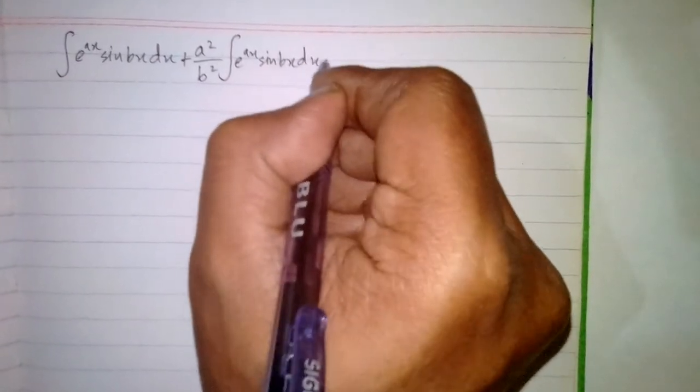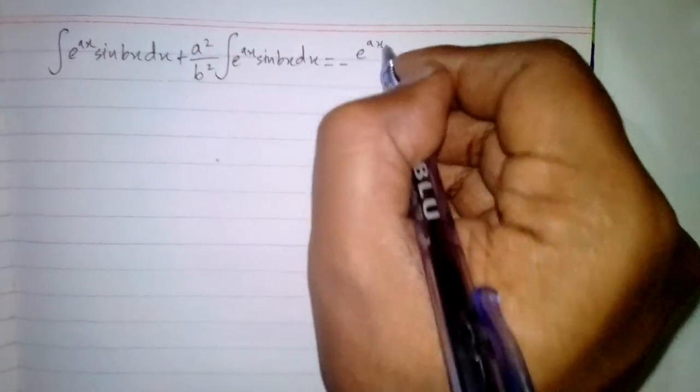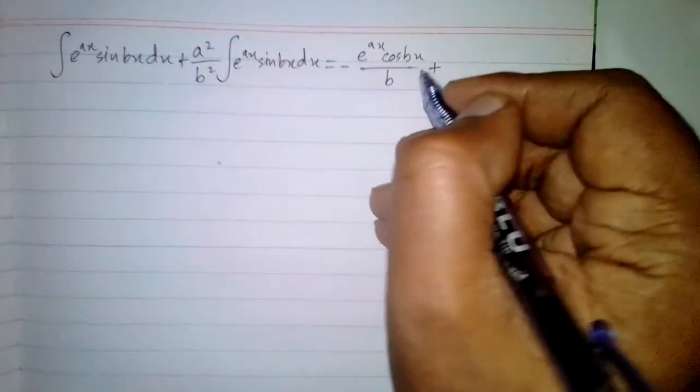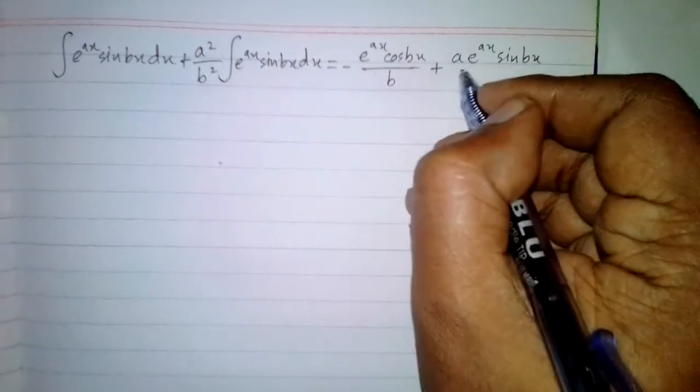So we will have integral of e to the power ax sine bx dx plus a square upon b square integral of e to the power ax sine bx dx is equal to minus e to the power ax cos bx upon b plus a times e to the power ax sine bx upon b square.